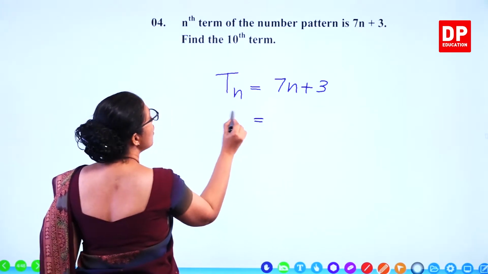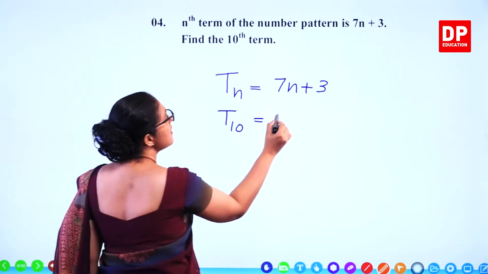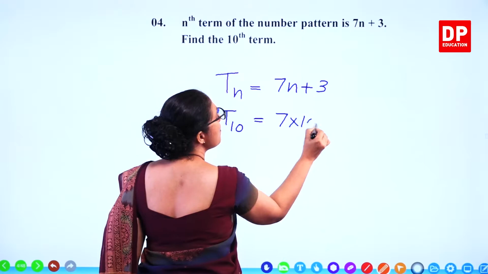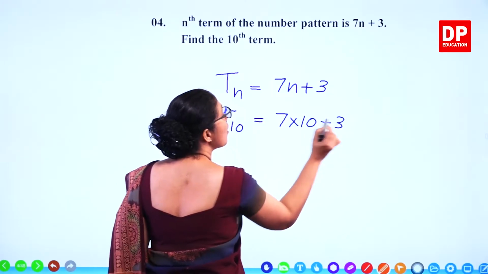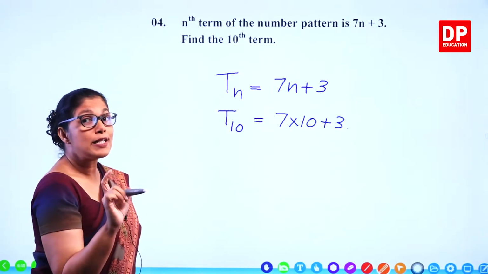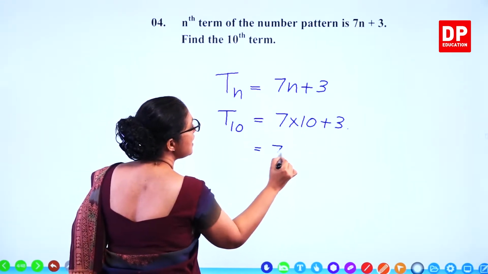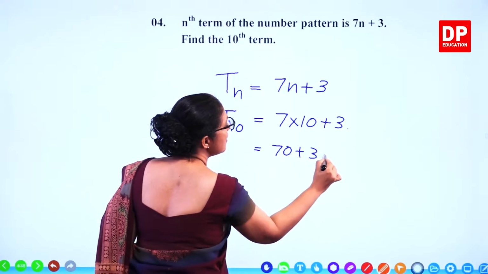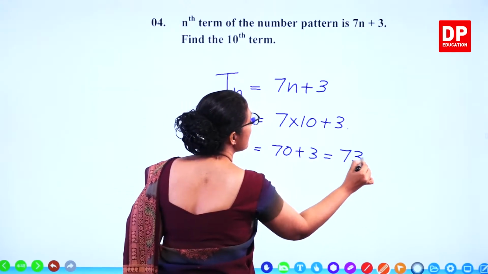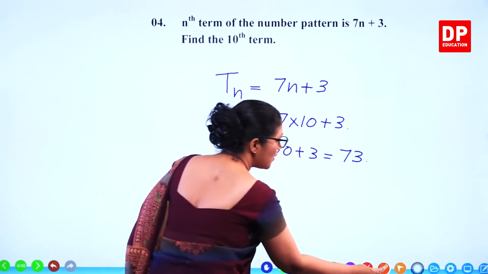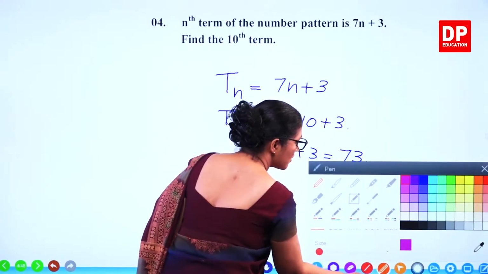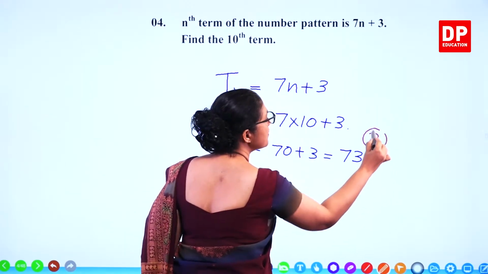So here we want T10, the 10th term. 7 times 10 plus 3. According to BODMAS, you have to do multiplication first. 7 times 10 is 70. 70 plus 3, you get 73. That's the 10th term of this progression. So 2 marks for that.